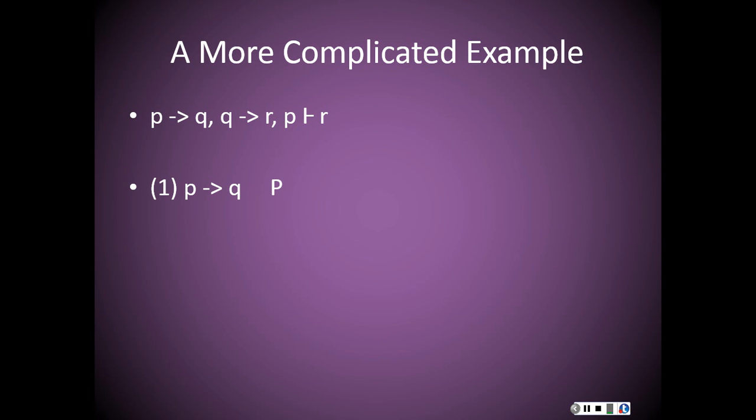So over there to the right I write down P. On line 2 I write down Q arrow R, and over to the right I write P. On line 3 I write P, and over to the right I write P. So that's our premises written down.